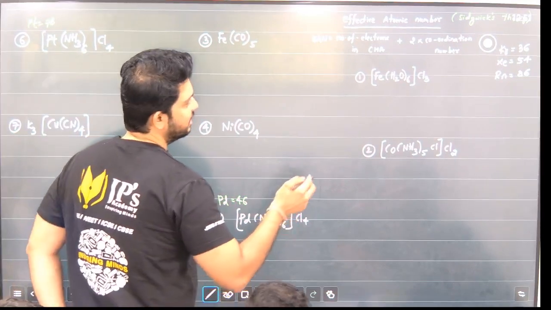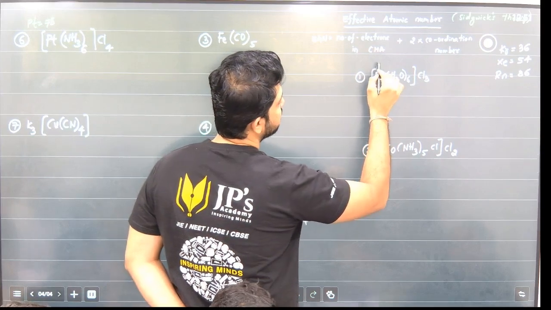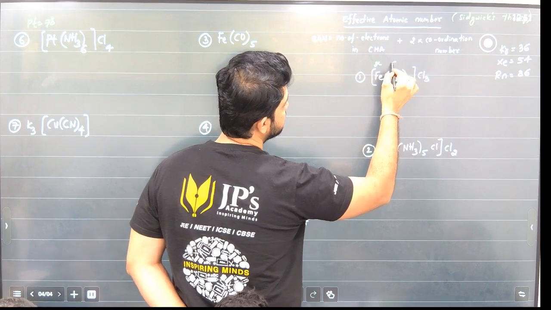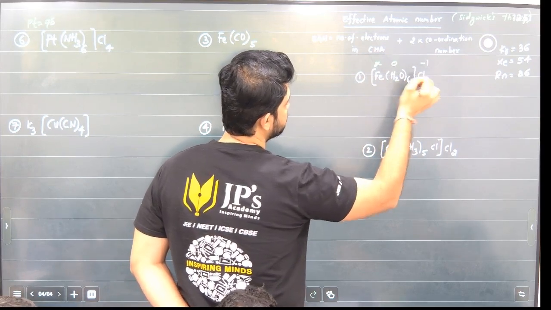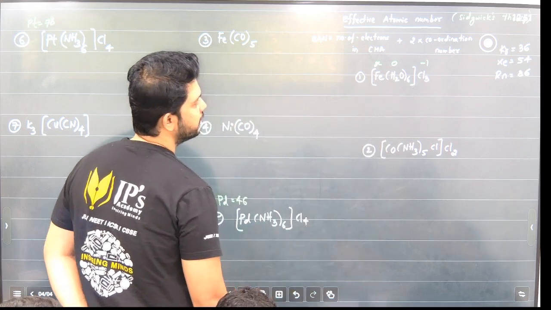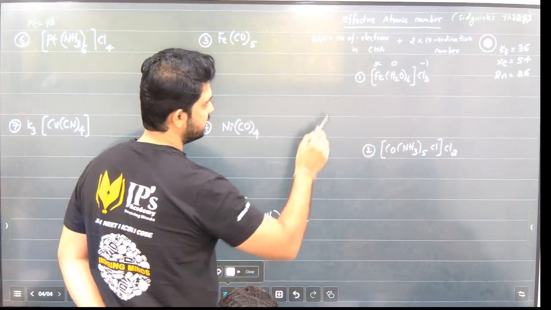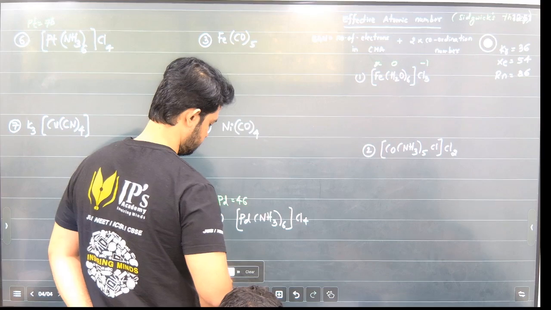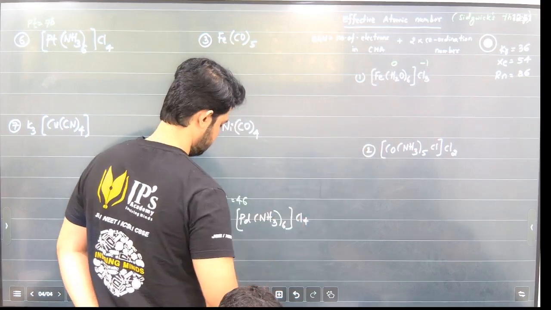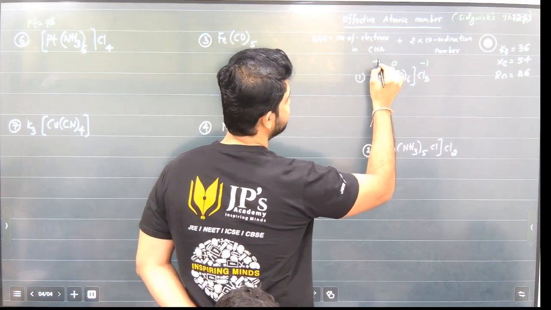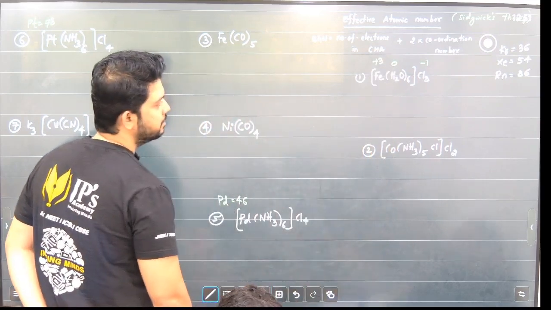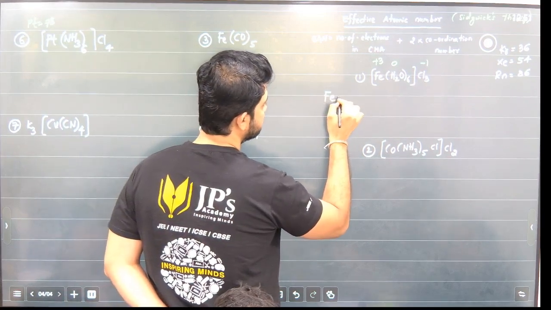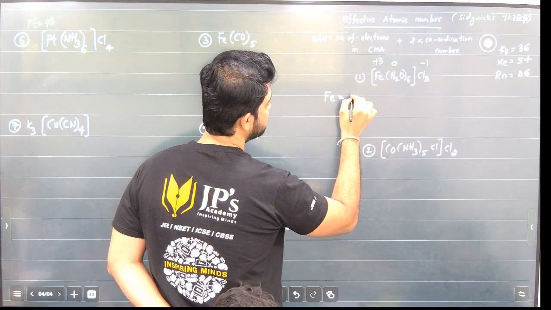Let's start. Fe, let the charge on Fe be X, aqua, chlorine. Quickly give me the charge on Fe over here. +3. I'm not going to write the entire thing, I feel you know that by now. I know I'm wrong, but okay. Now, Fe atomic number, please. 26.